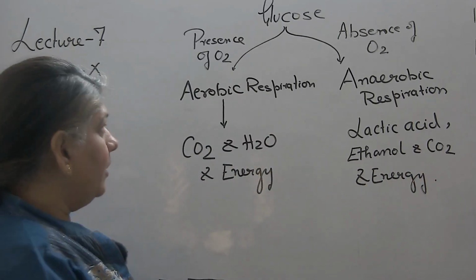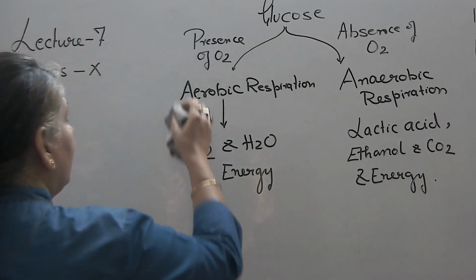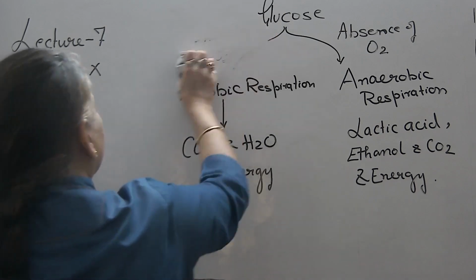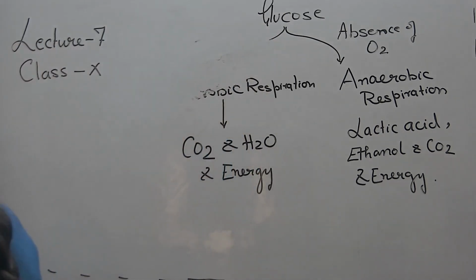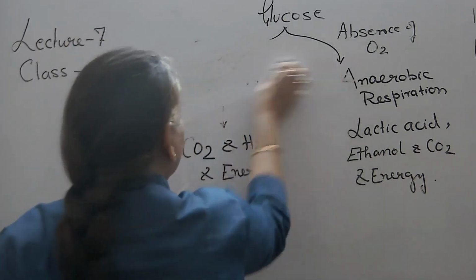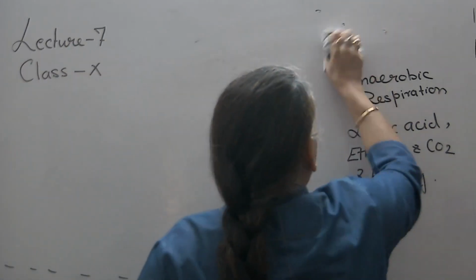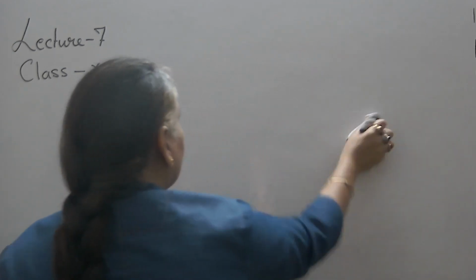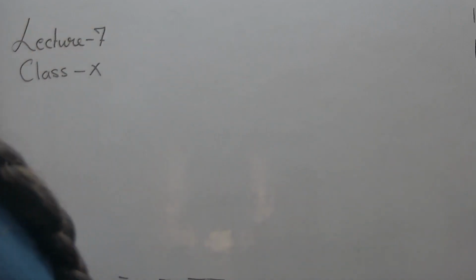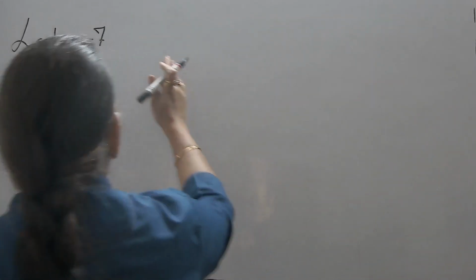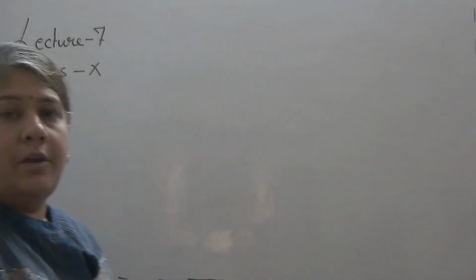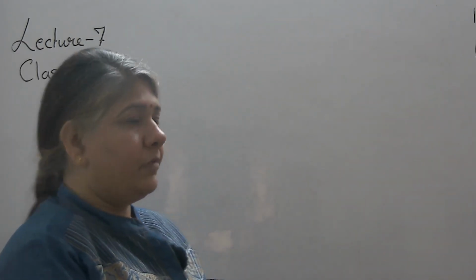Let's see the fate of glucose during these processes. The first step of breakdown of glucose is common in both aerobic and anaerobic respiration.